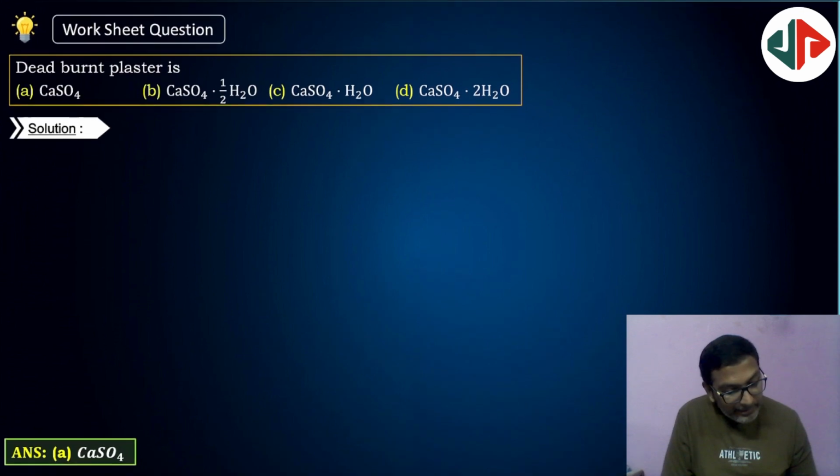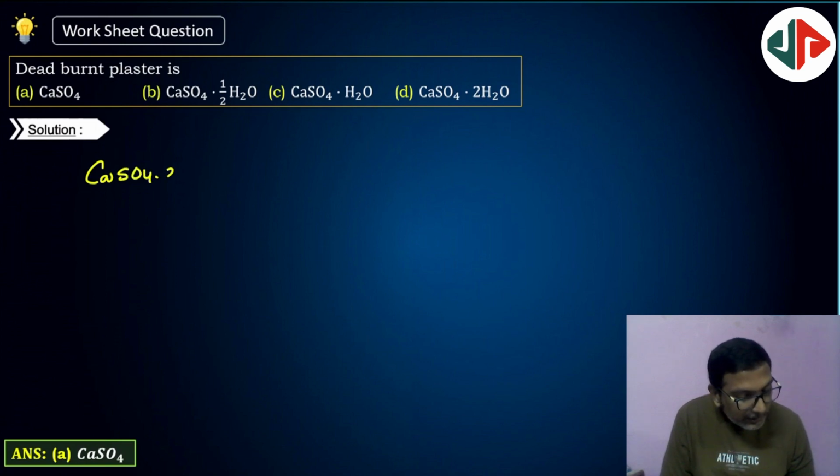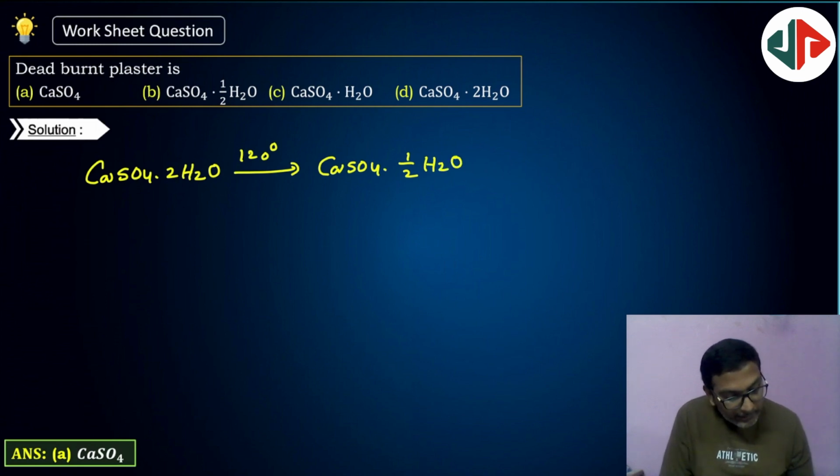dead burnt plaster is. First take gypsum, CaSO4.2H2O. Gypsum on heating to 100 or 120 degrees gives CaSO4.1/2H2O, plaster of Paris. On strong heating above 200, it gives CaSO4.